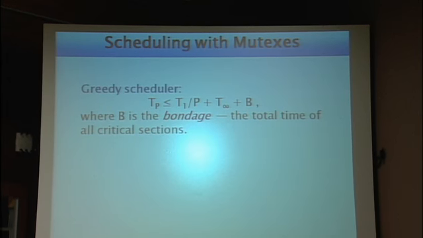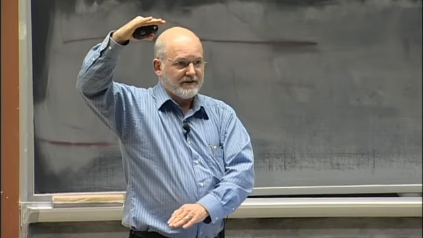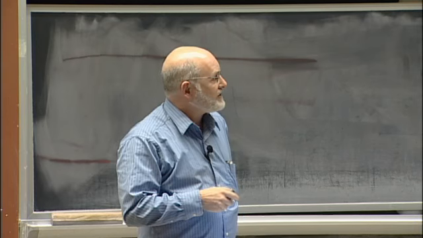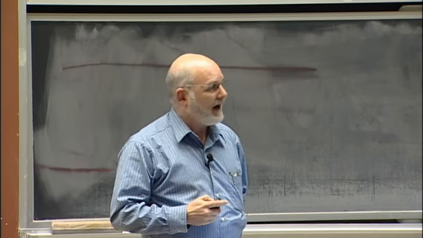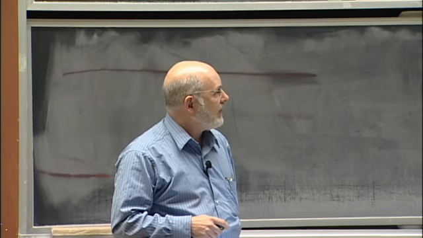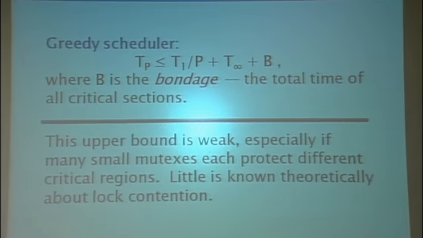That's a lousy bound because it says even if they're locked by different locks, you still add up the total time of all the critical sections. And although you can improve this in special cases, the general theory for understanding contention is not understood very well. This upper bound is weak, but very little is known about lock contention.